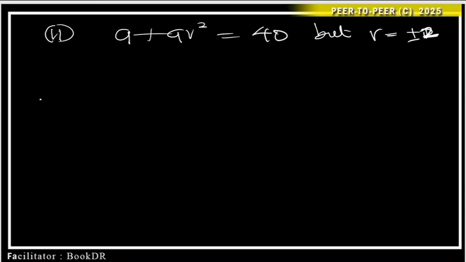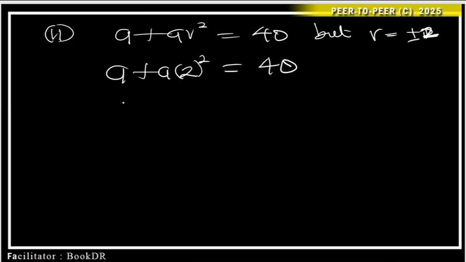Since both negative 2 and 2 will yield the same result because of the square, we wouldn't bother about which number to throw into this equation. We can use either negative 2 or positive 2. So this becomes a plus a into 2 squared is equal to 40.